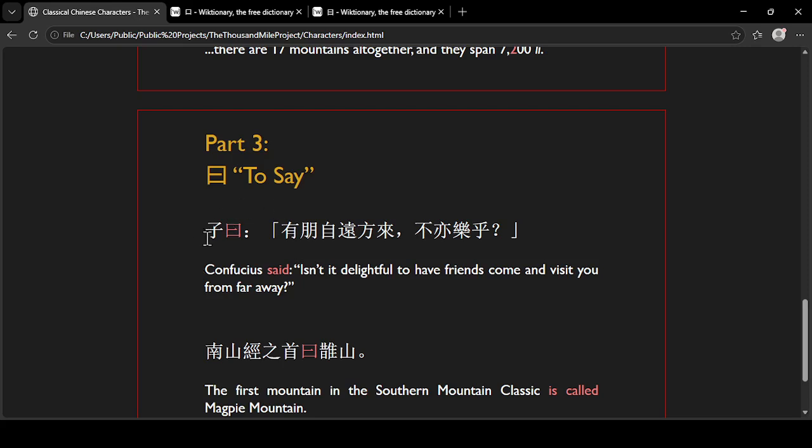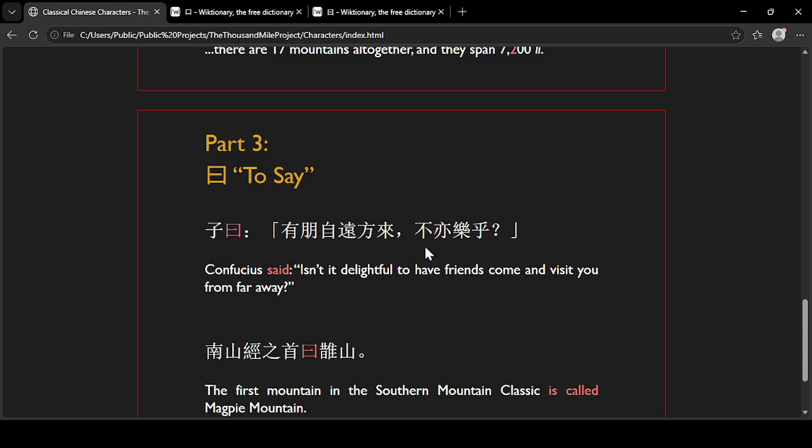Anyway, to see the say character used in context in actual ancient texts, here's a line from the Analects. As you can see, it's right at the beginning here, and it means Confucius said. This character here, one of its meanings is master. So in the Analects, when it just says the master said, they're referring to Confucius.